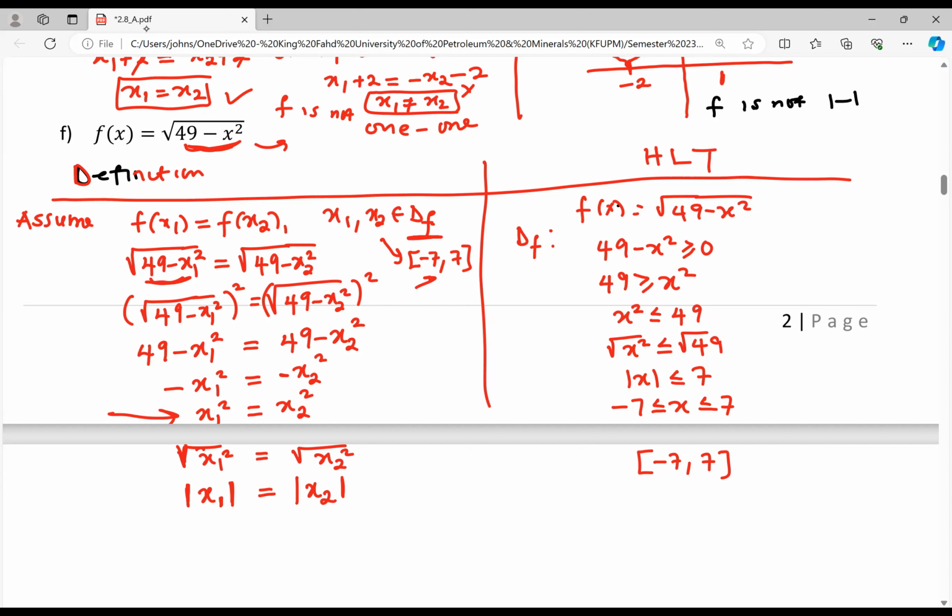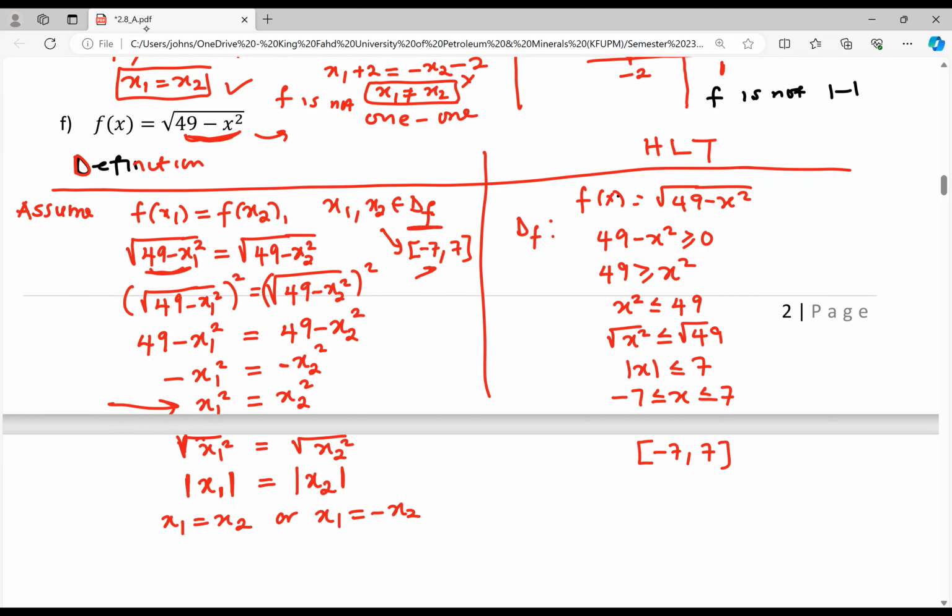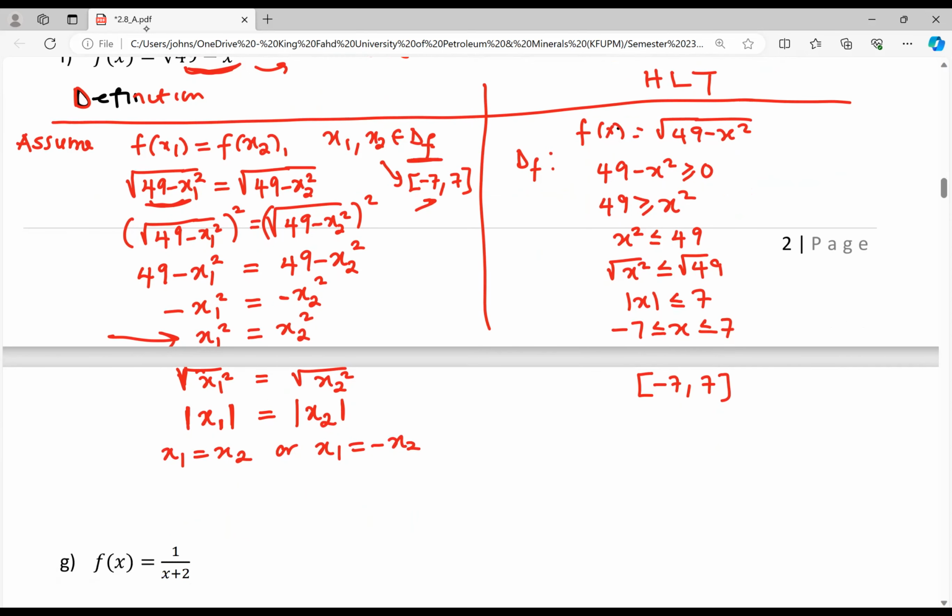And clearly here, it means x1 could be equals to x2, or x1 could be minus x2. So what it simply means is that this is good, but you can see this one is not good because x1 is not equals to x2. So your conclusion is that f is not 1 to 1.